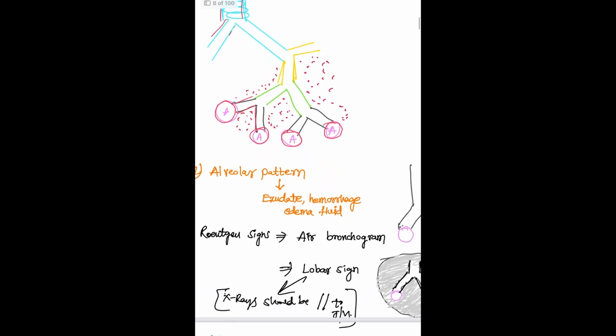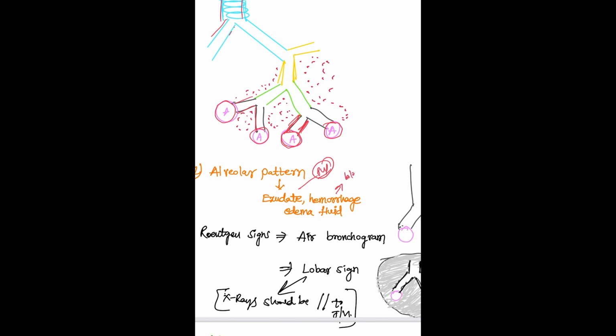We can see here the alveoli, which should usually be filled with air, but because of some external reasons like the formation of pus, or if the animal has undergone an accident, that will lead to hemorrhage into the air sacs.